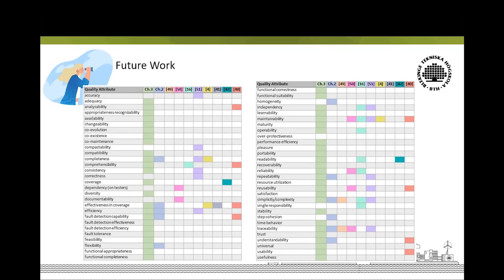Because what we have learned from this interview study is that they mentioned understandability is the most important one. But what if they were aware of others? Would they still pick understandability, or would they pick something else? That's the motivation for our future work.